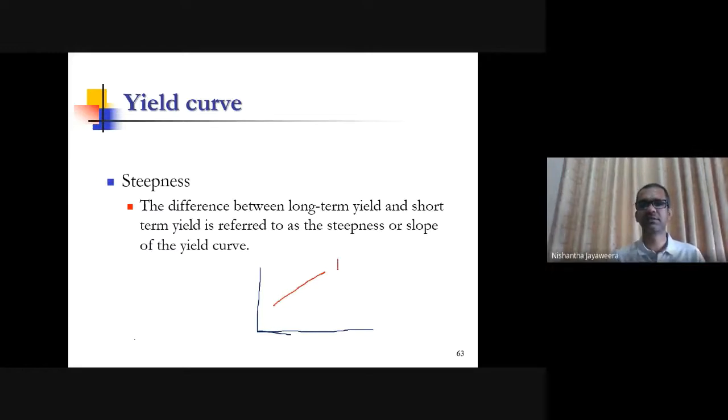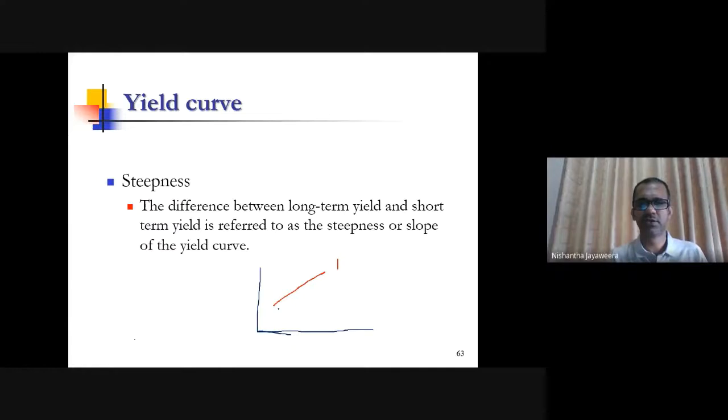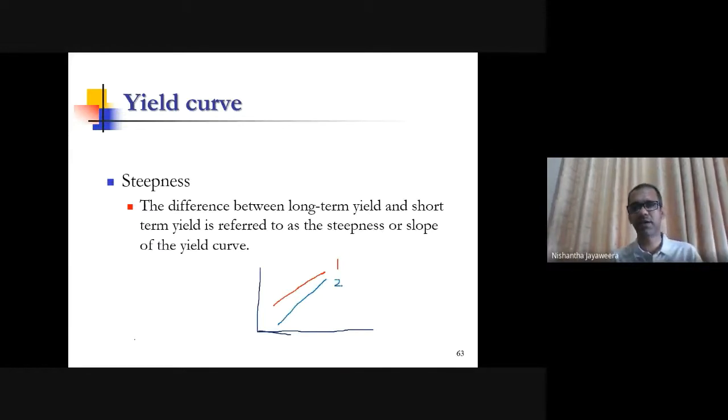This is the first yield curve. A downward shift is happening. What would happen? Short-term interest will drop drastically while long-term interest drops only by a small amount. Then the new yield curve would be something like this. So the curve has shifted downward, but the slope has increased. It has become more steep.